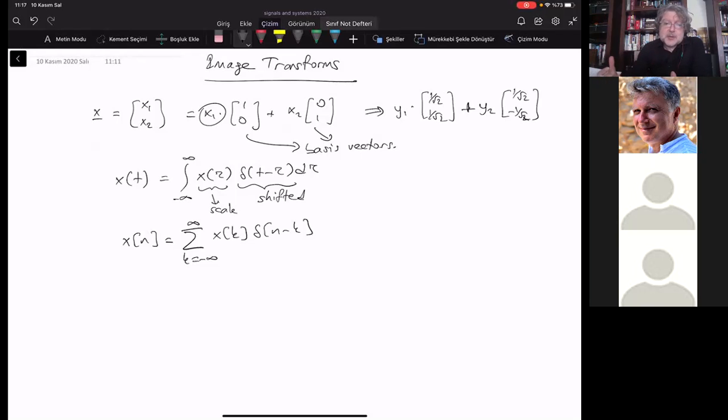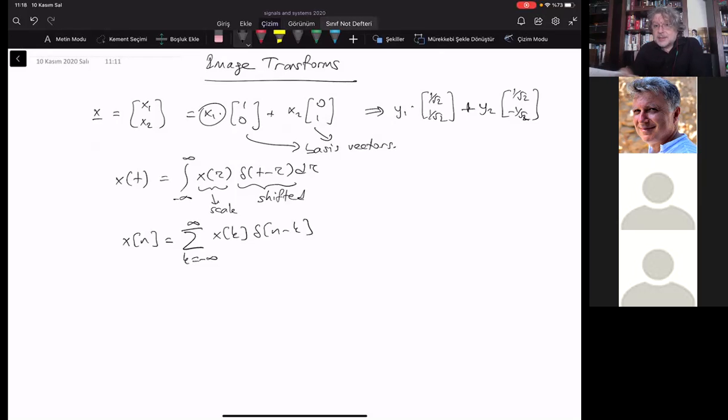Why are they bases? Because they have unit norm. If you take a look at the norm of it, the squared version of each coordinate is 1 over 2. When you add them up, it will become 1, and then you take the square root, it's again 1. So they have unit norm, and they are orthogonal to one another. If you take the inner product of these two separate vectors, it's going to give you 0.